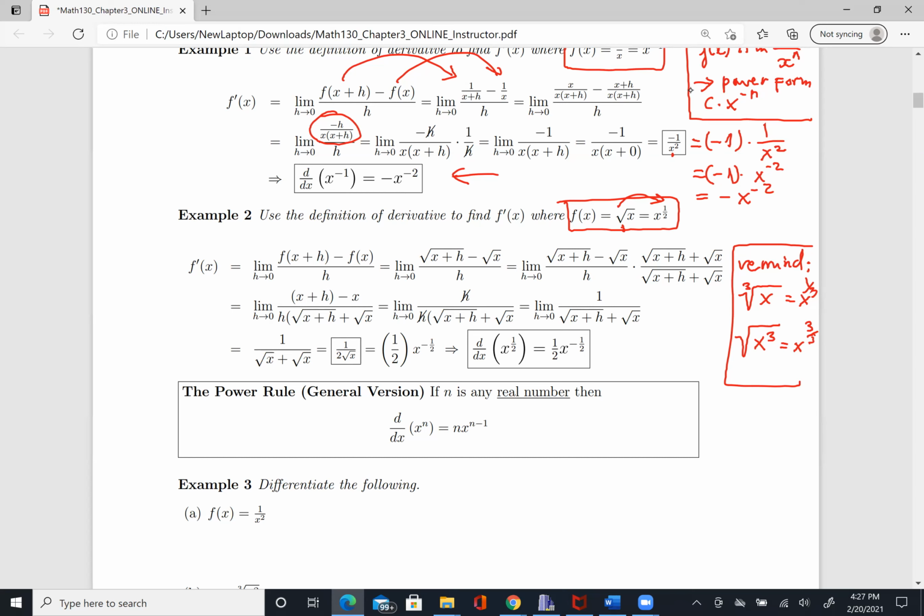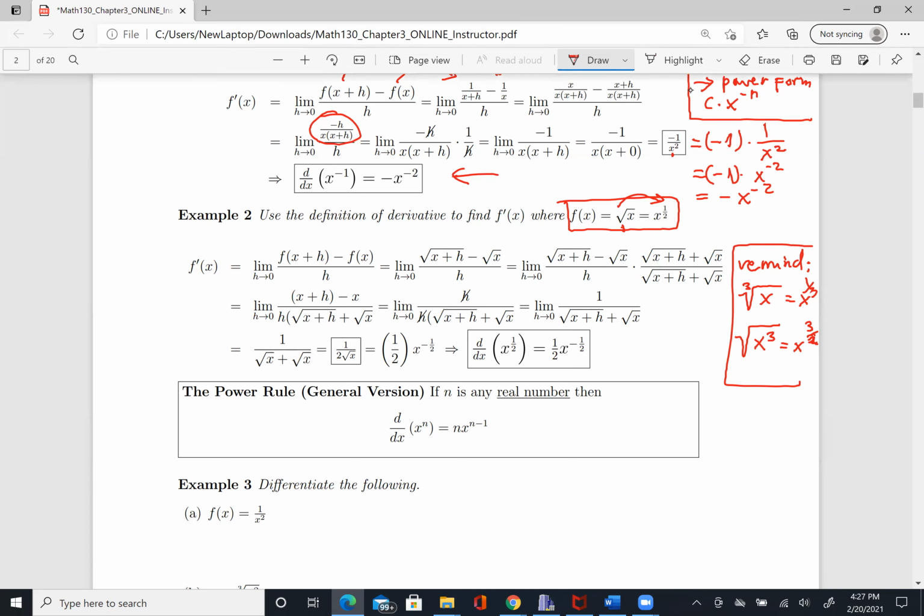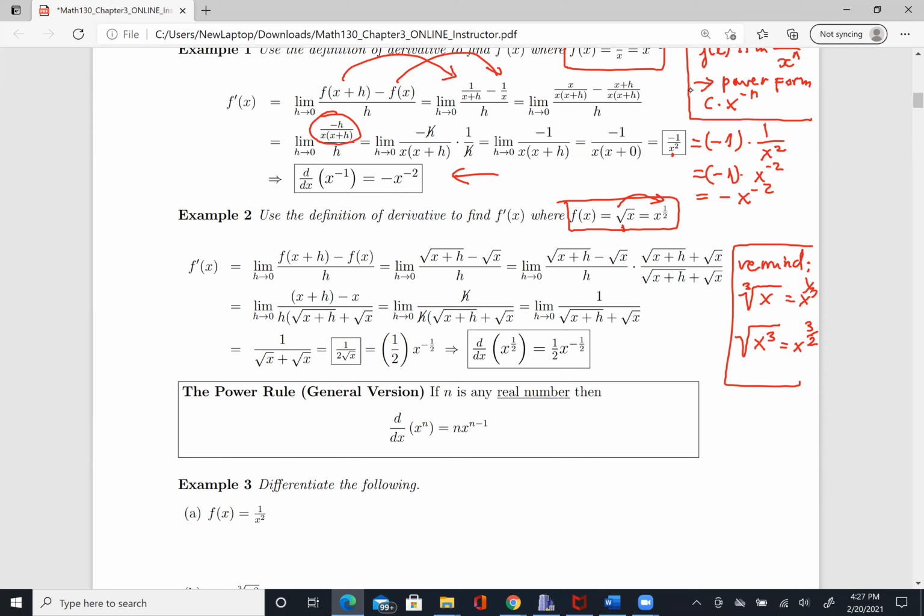So it equals x to the power 3/2. That is a reminder of changing a radical to a power.